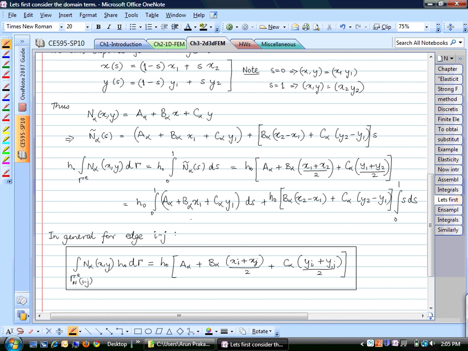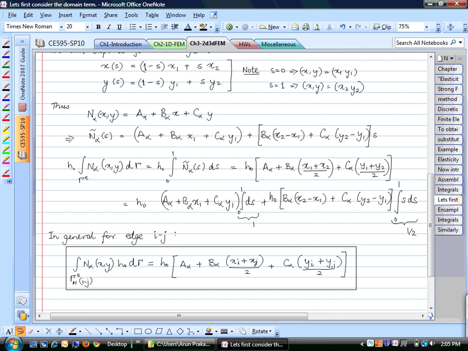So what I can do is I can take this term out of the integral, and I know that this thing is just 1, this thing is also 1, or 1 over 2.